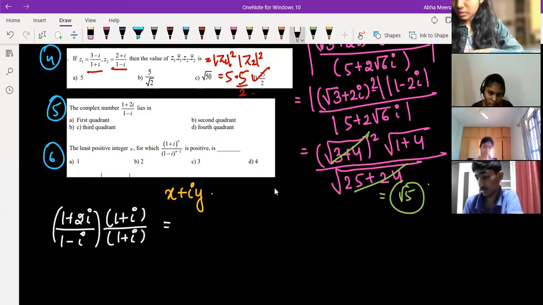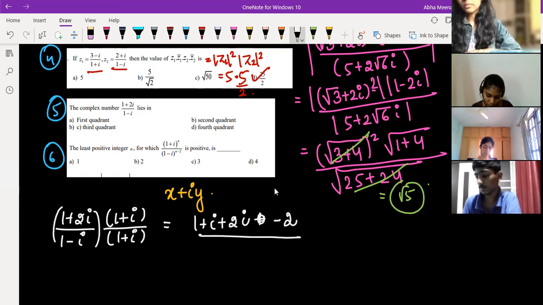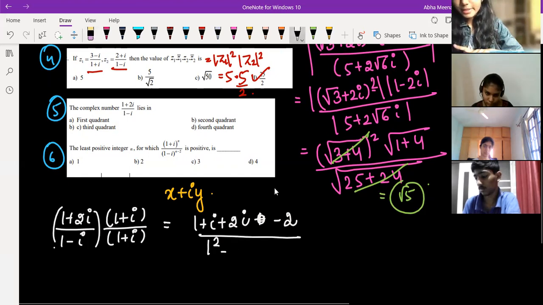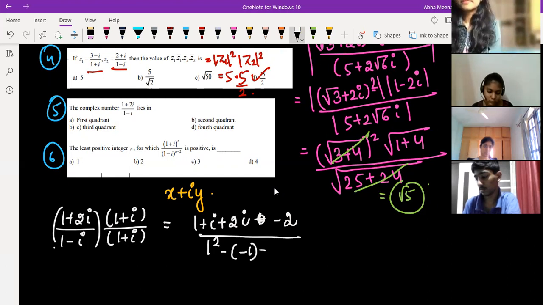So what will we get? 1 plus i plus 2i plus 2i square, which is minus 2, by 1 square minus i square. And i square is minus 1, so 1 plus 1, which is 2.